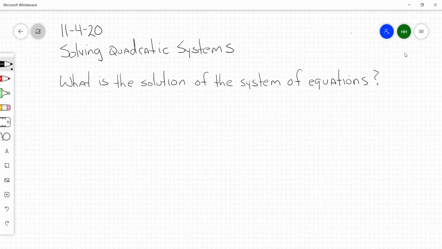And here's the system. y equals negative x squared minus x plus 6. And the other equation is y equals x plus 3.